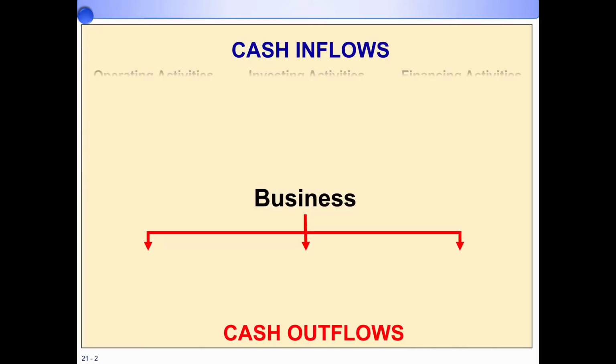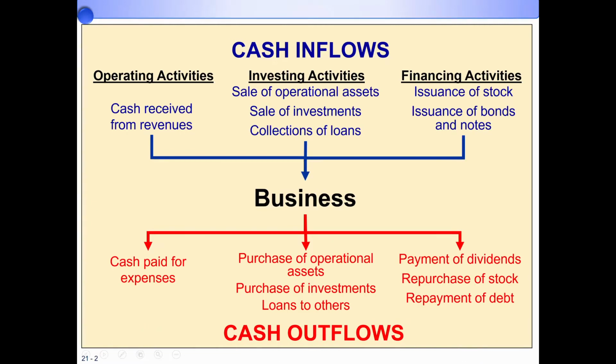So let's review the cash flow statement. In the cash flow statement we have three activities: operating activities, investing activities, and financing activities. So cash flow means what? Cash inflow or outflow. Inflow means we receive cash.